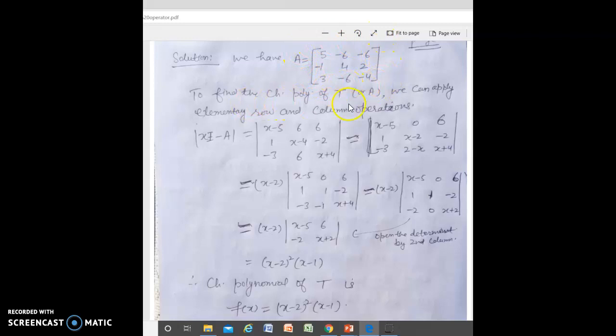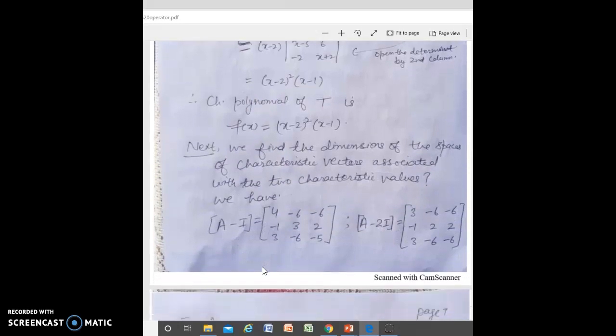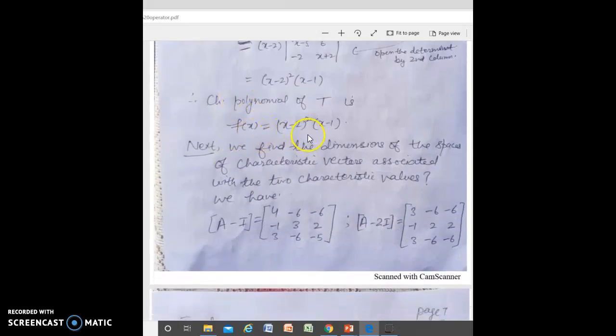To find the characteristic polynomial of T or A, we can apply the elementary row and column operations over here, and the characteristic polynomial is given by the determinant of xI minus A, that is this. Now to simplify this, we apply certain row and column operations and we get that the characteristic polynomial comes out to be this. So we can say the characteristic polynomial of T is f(x) equal to (x minus 2) square (x minus 1).